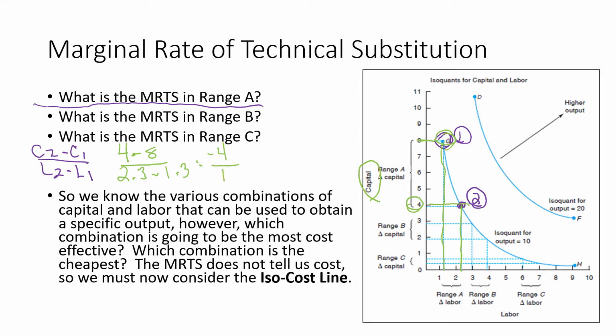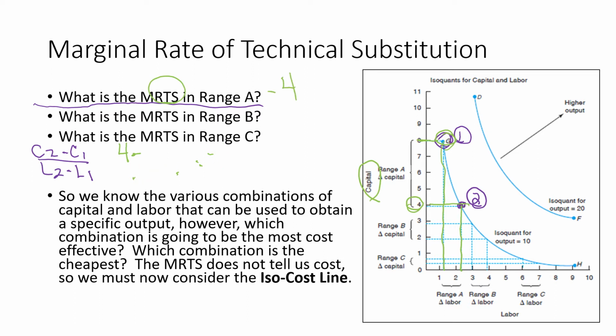So in this case, we would have to give up 4 units of capital. We would substitute that for 1 unit of labor. That's why that's negative there. In this case, actually 1 unit of labor is worth 4 units of capital. So the MRTS in range 1 is -4.